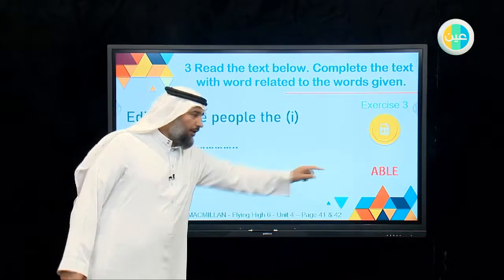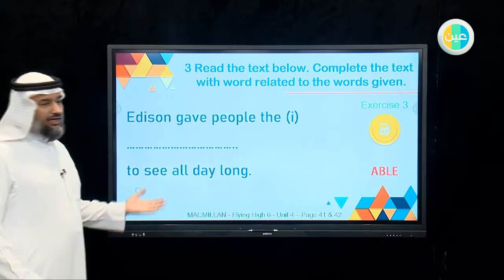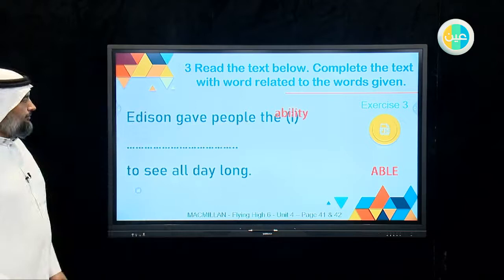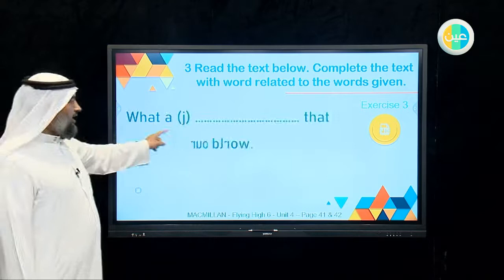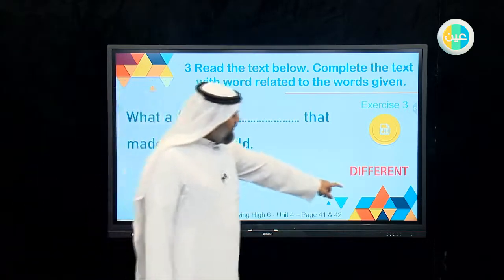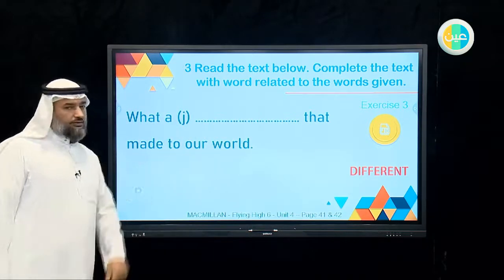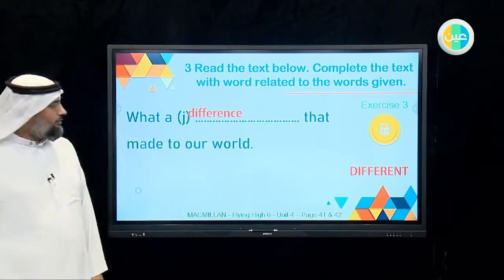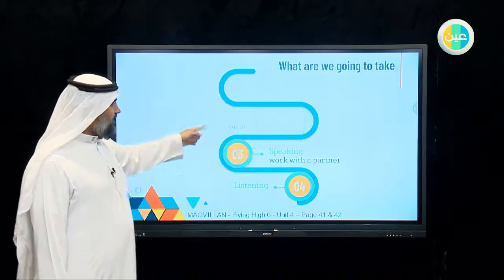Now the word is able to see all day long. Edison gave the people the ability. What are space different? Now what are that made to our world? So what do you think? What's a difference? Difference. Now we finished with the noun suffixes, also the examples.